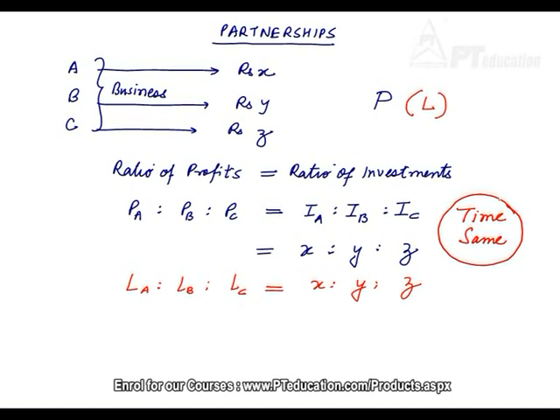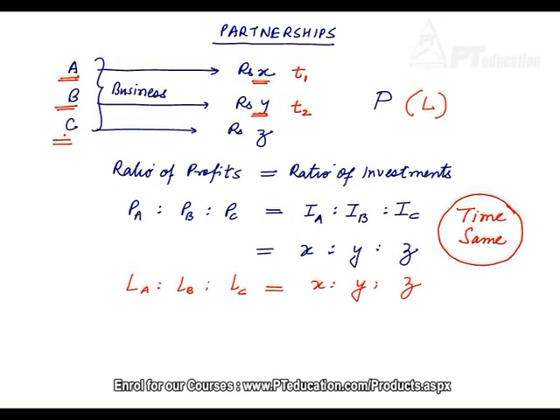Let us see. Let us say that partner A brought in rupees X for a time period of T1 months. Partner B brought in an investment of Y for a time period of T2 months. The time periods can be in days, months, years.